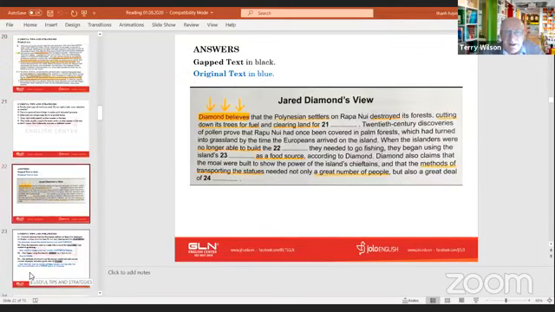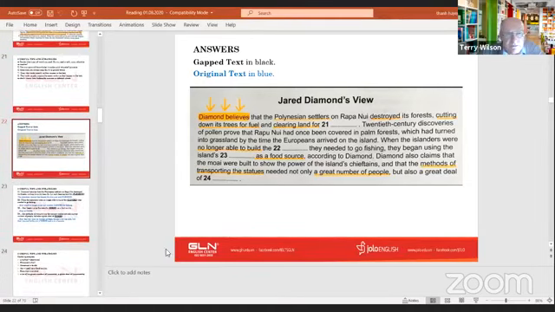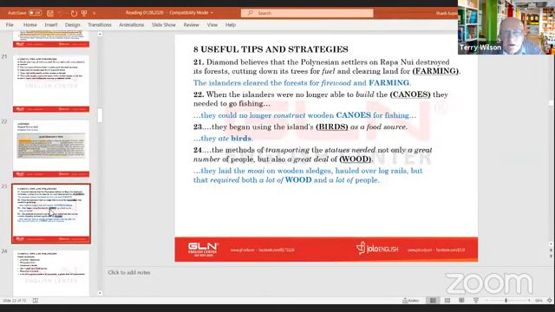So let's go back to the gap text that has to be completed, and let's go through the answers one by one. Diamond believes that the Polynesian settlers at Rapa Nui destroyed its forests, cutting down the trees for fuel and clearing land for farming.